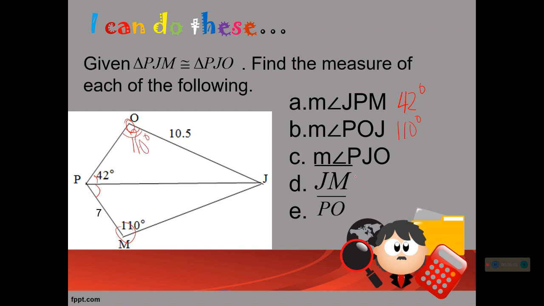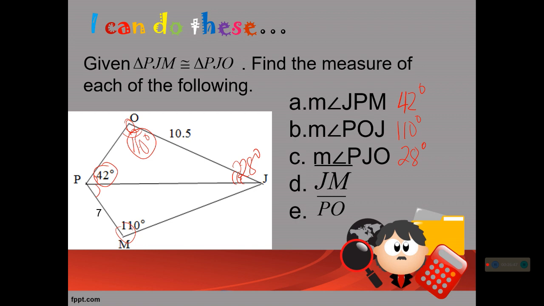Next, angle PJO. How are we going to find the measure of this? Since 110 degrees plus 42 degrees is equal to 152, then 180 minus 152 is equal to 28 degrees. So we write 28 degrees.